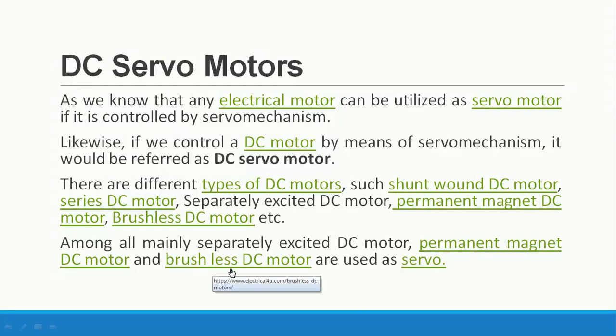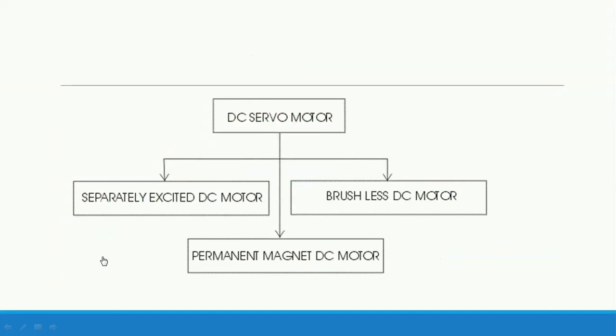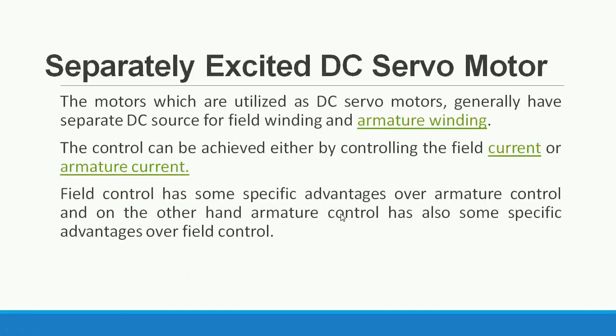So we will be studying these types of DC servo motors. Remember, whenever a DC motor is used in a servo mechanism, that is referred to as a DC servo motor. It is not a different category. Based on the classification, we have 3 different types of DC servo motors: separately excited, permanent magnet type and brushless type. Let us begin with the separately excited DC servo motor.